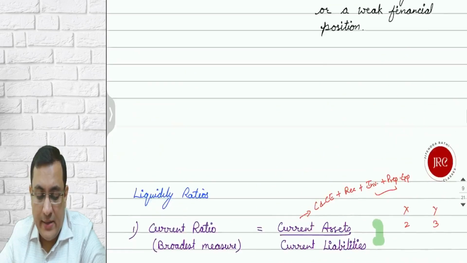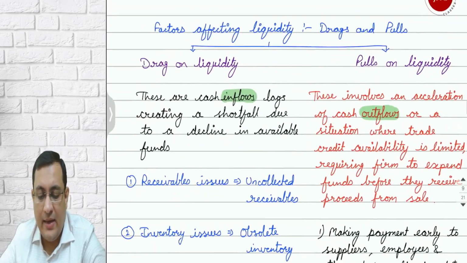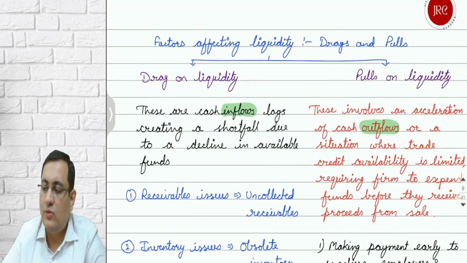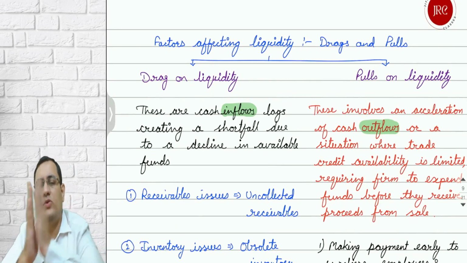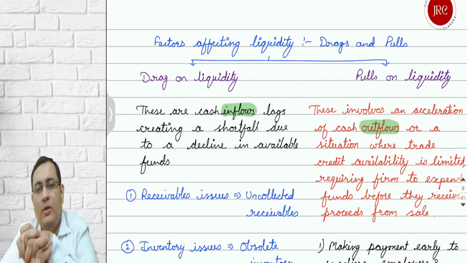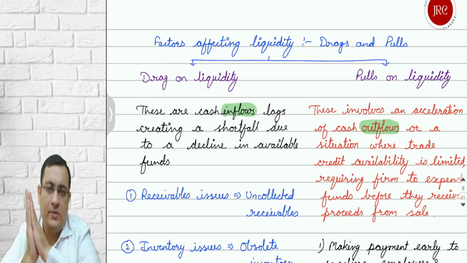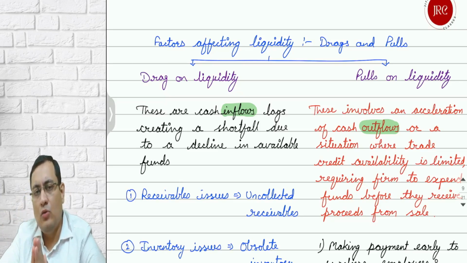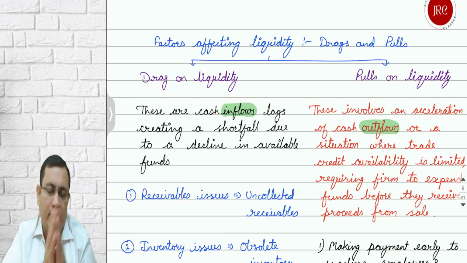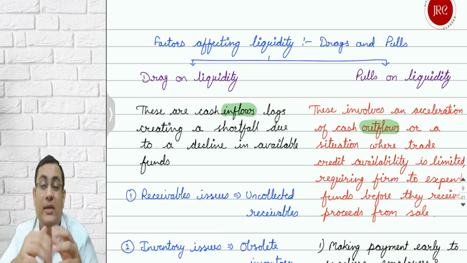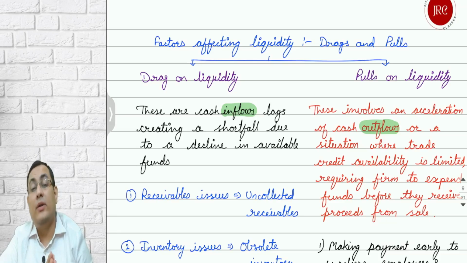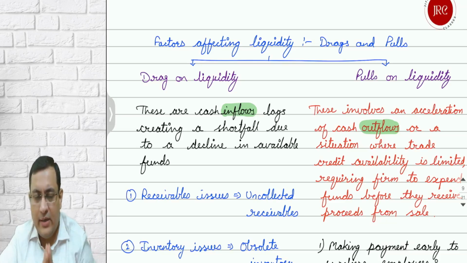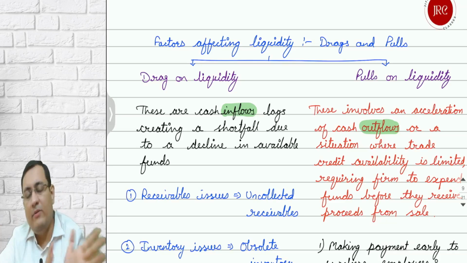The next part is: what are the drags and pulls on liquidity? So what type of question will we get? First of all, they will give certain activities and ask to classify them into whether it is a pull or a drag, or is it going to increase the liquidity. Different activities in the business are going to have different effects.